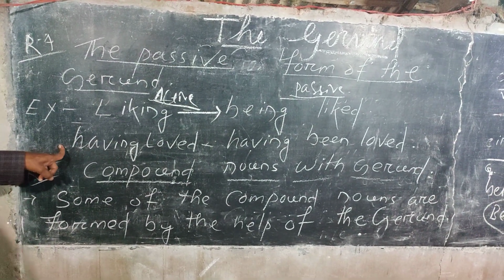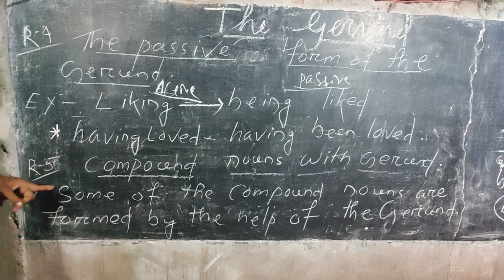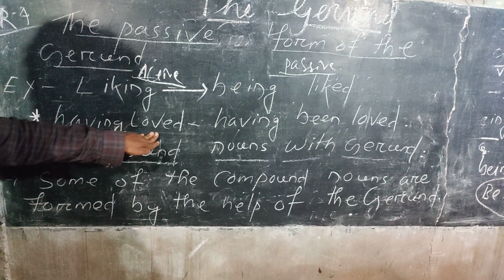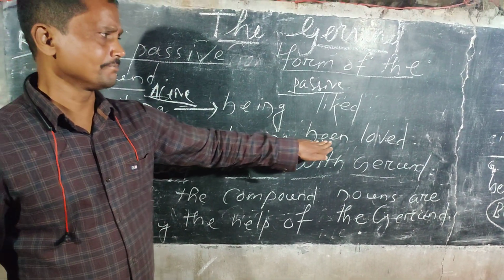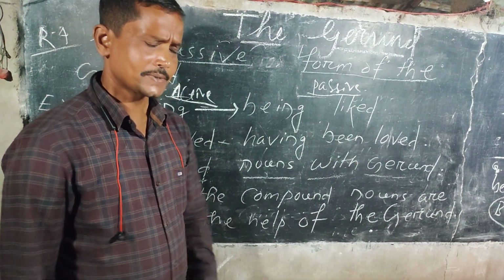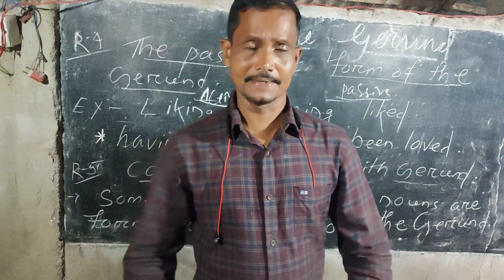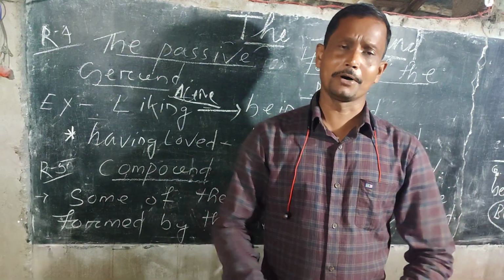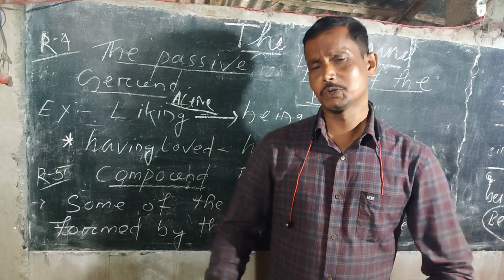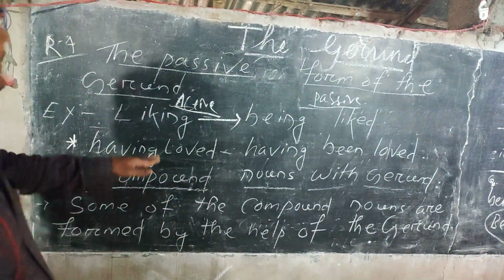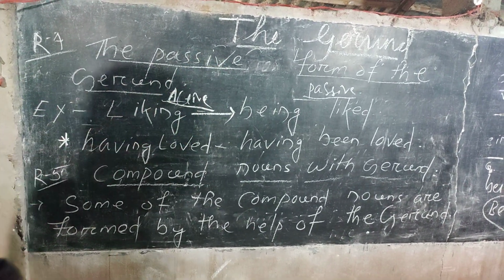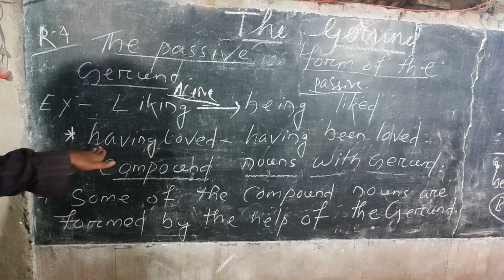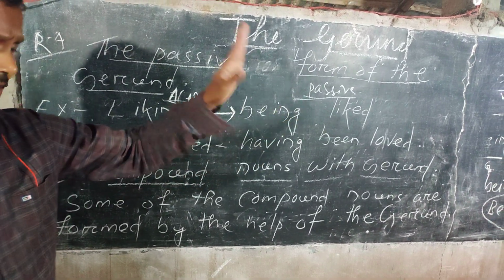And another example, here is having loved, and its passive form will be having been loved. So in this way, perhaps I think that the passive form of the gerund is clear to you. Once again, liking, being liked, killing, being killed, having loved, having been loved, etc.